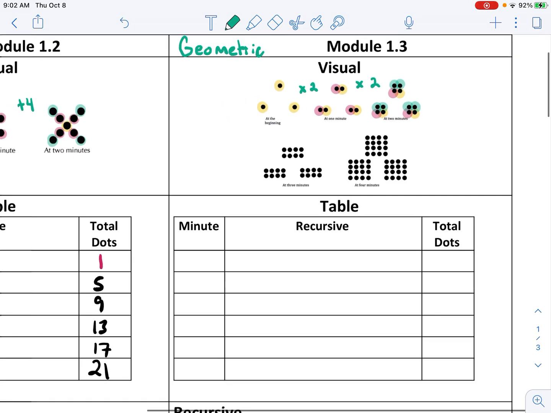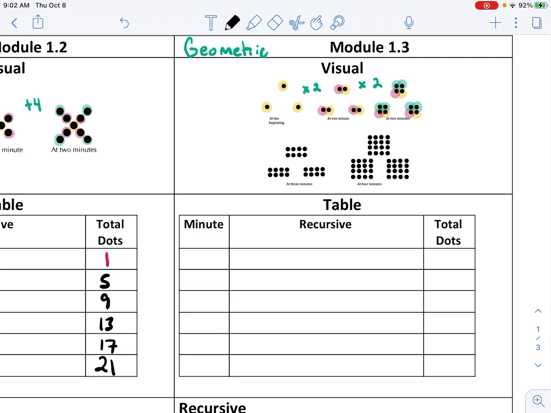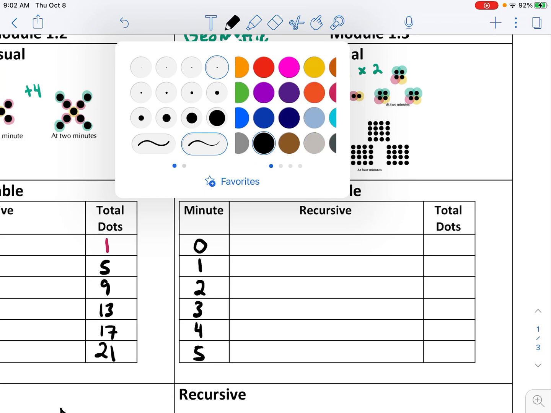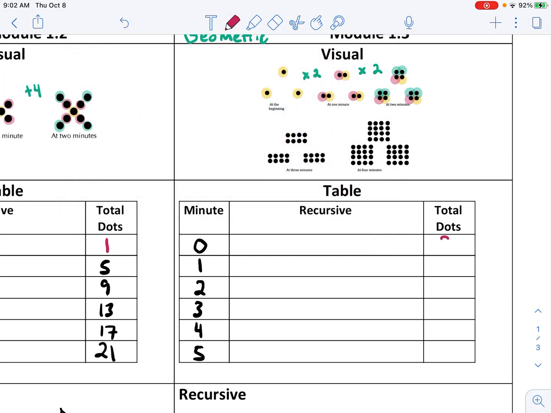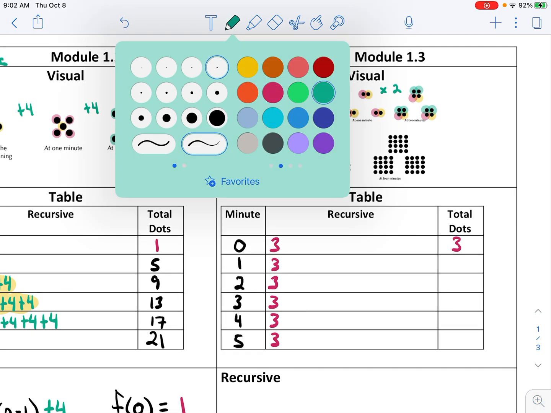All right, so we have at the beginning, which is going to be at 0 minutes, 1, 2, 3, 4, 5. We started, though, with 3 dots. So our start value for this is 3. And then we are doubling it, so we're multiplying by 2.